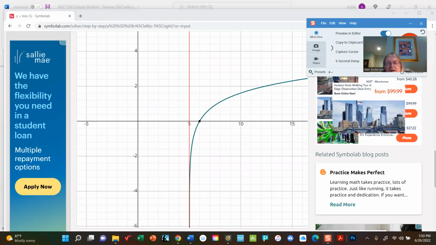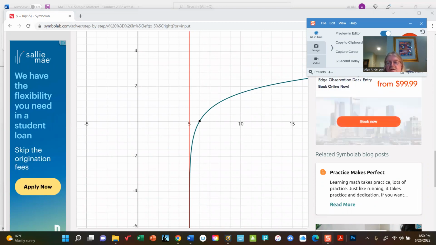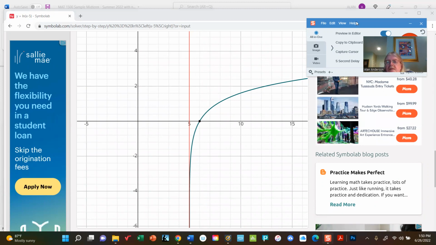You can see that the vertical line x equals 5 is an asymptote.